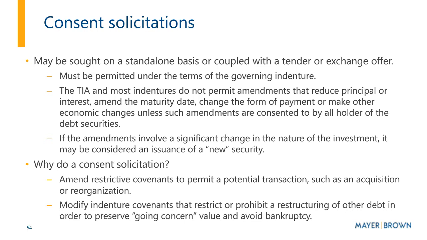And then lastly, and this is a 1933 Act concern, if you change the security in a fundamental way, the SEC may deem that to be the issuance of a new security.